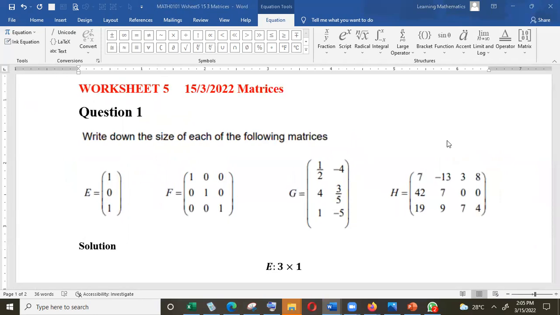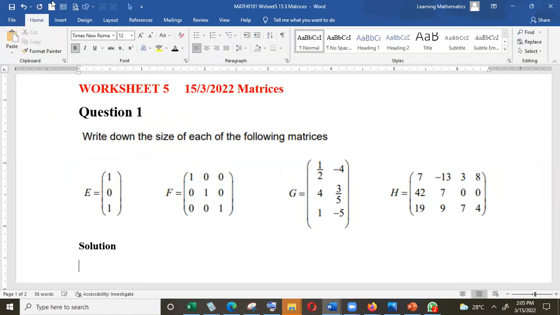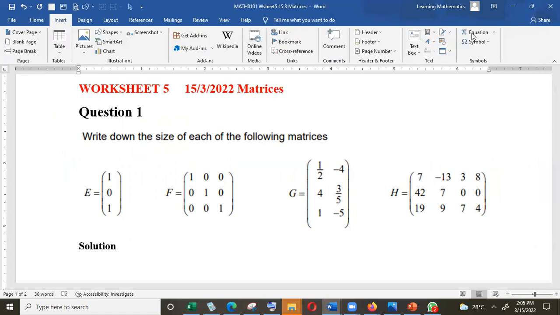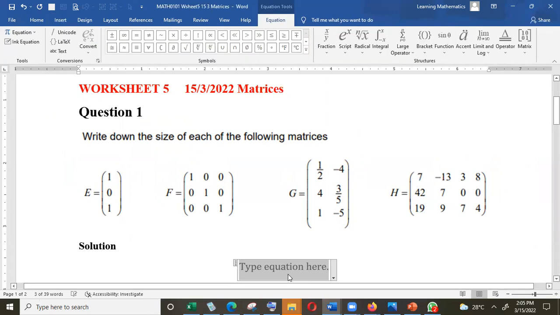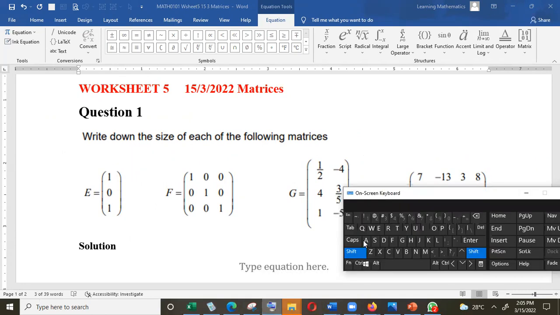So always identify the number of rows first and then the number of columns after, and you lay it out, rows times columns. Always bear that in mind for the size of a matrix. Just to reiterate, in general, you can use a capital E for any matrix.